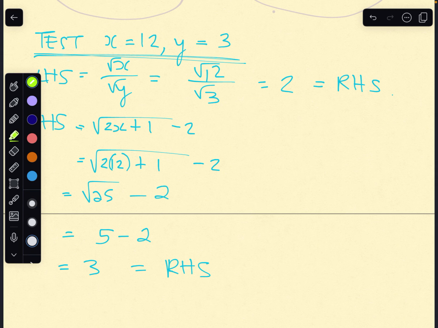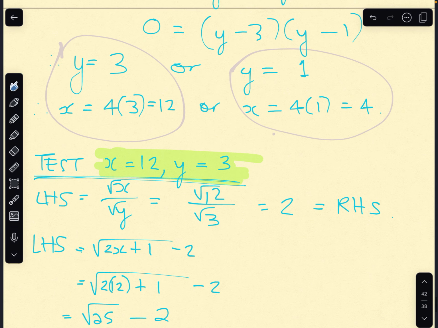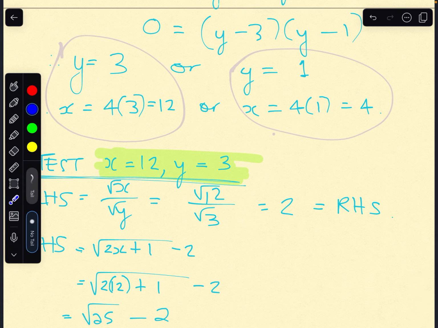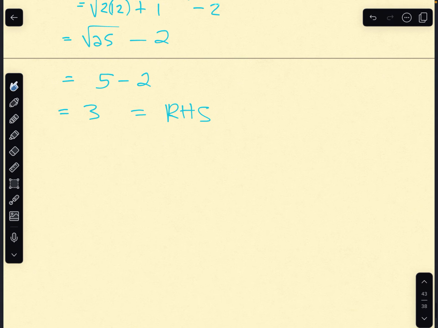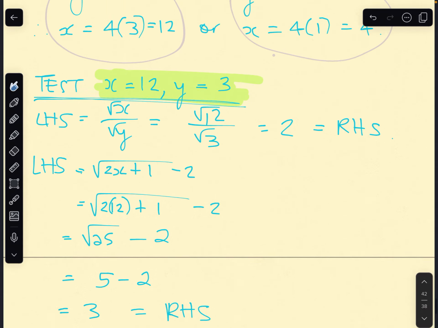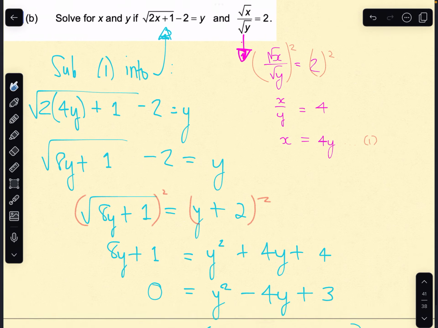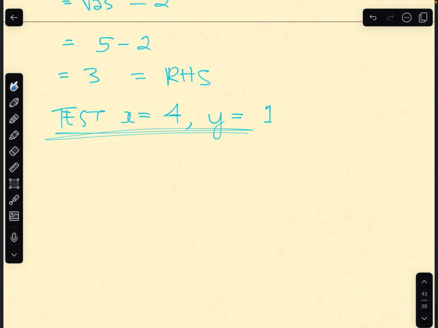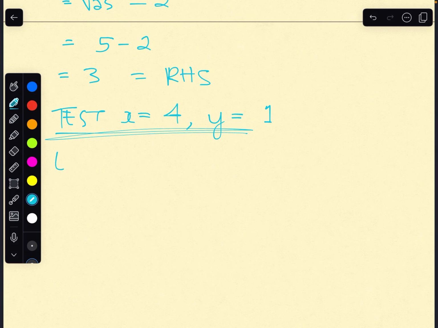Maybe I want to highlight it in green for success. Then the next solution set we're going to test is x equal to 4, y equal to 1. The first equation says root x over root y should be equal to 2, and that already looks promising, honestly.